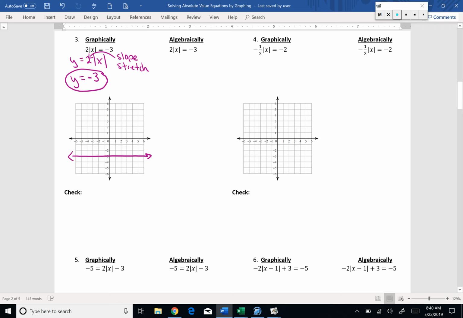We're not making tables and finding ordered pairs. We're using shortcuts. All right, so there's nothing inside the absolute value bars with the x, so we don't go left or right. There's nothing attached onto the end, so we don't go up or down at all. So we're just stuck at 0, 0 with a slope of 2.